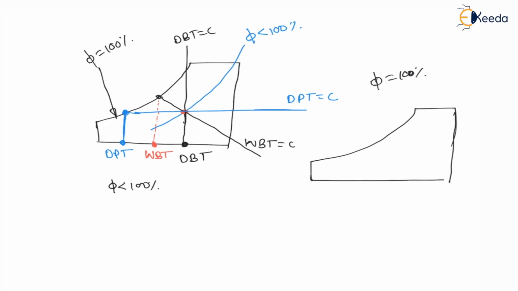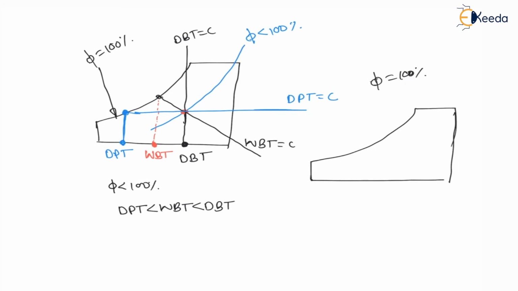Now you can see here the dew point temperature is less than the wet bulb temperature, and the wet bulb temperature is less than the dry bulb temperature. Therefore whenever relative humidity is less than 100%, the relation is: dew point temperature is less than wet bulb temperature is less than dry bulb temperature, right?